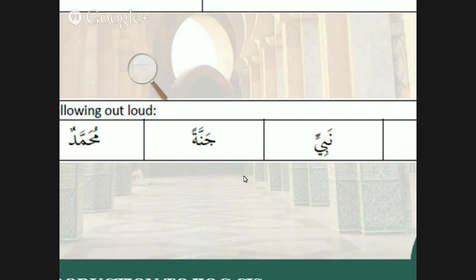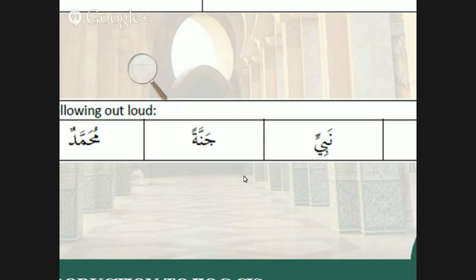What's next? Na. Na. Because it's shadda. Na. So we get Jannah. Jannah. So we see how we hold that? So that's actually noon sukoon and then another noon with the fatha. Jannah. Jannah.